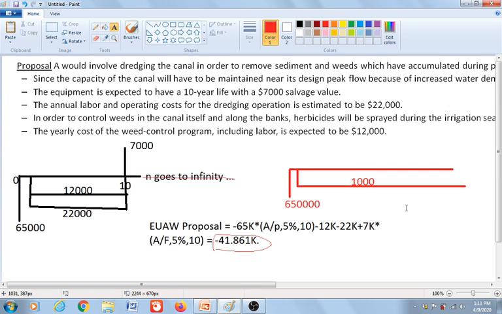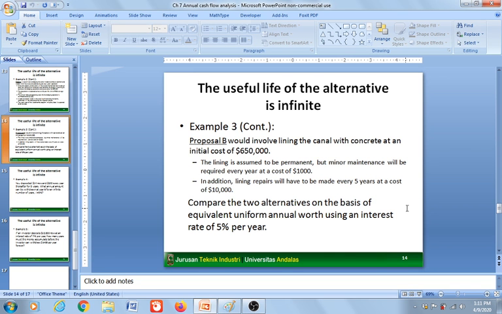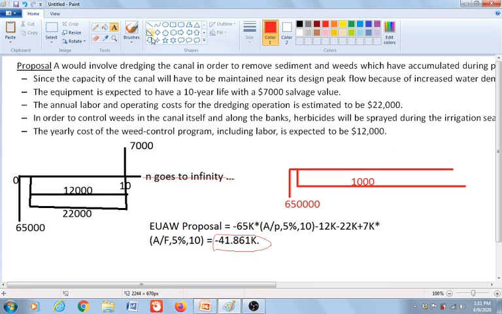And then every 5 years we will do the repair, and the cost is 10,000.